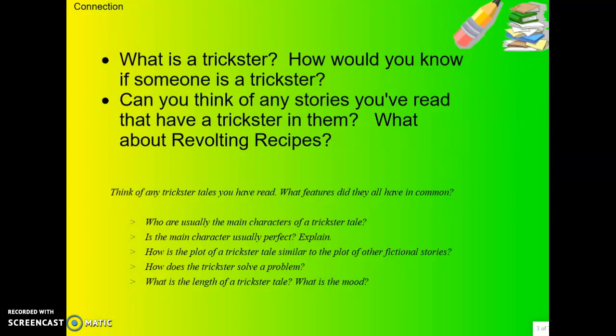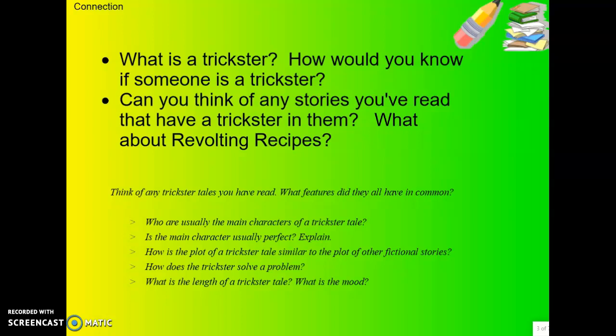And then he found a way to trick the bully by making the gross, revolting recipes. So that's a trickster tale, okay, because there's a trickster in it. He's tricking the bully into giving up bullying him.